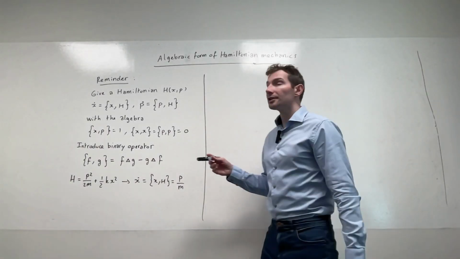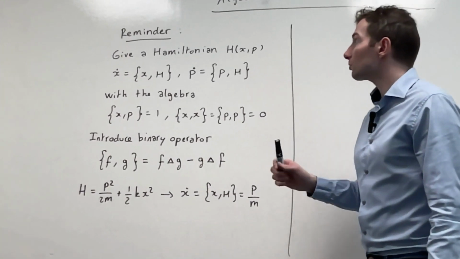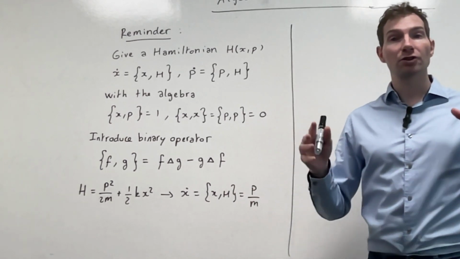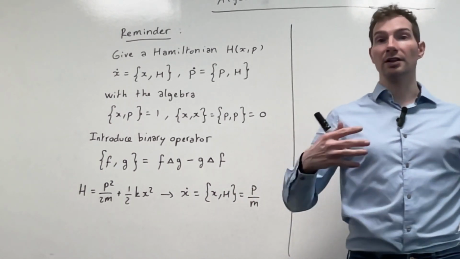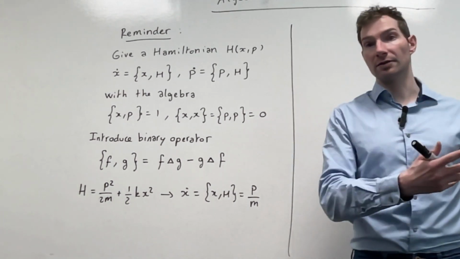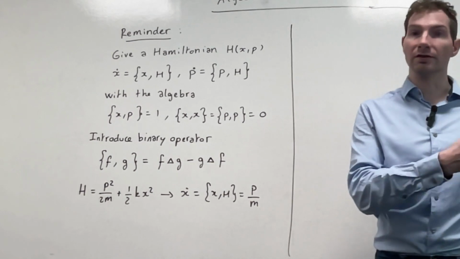Right, okay, so let's have a quick look at this reminder here. In Hamiltonian mechanics, you provide a Hamiltonian, which essentially characterizes or drives the dynamics, the time evolution of your system.